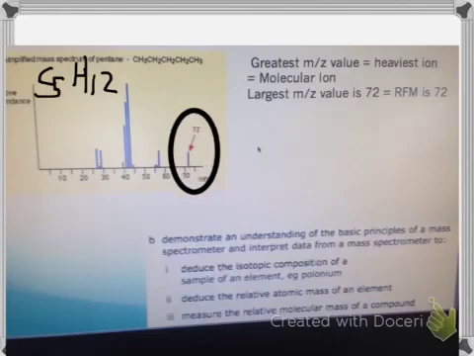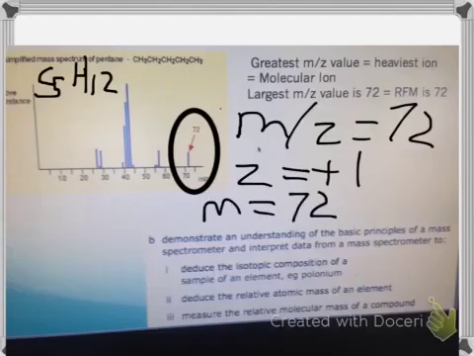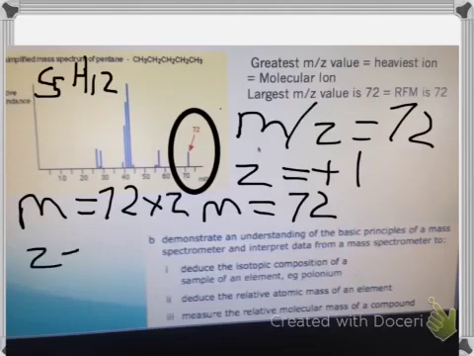That one has a mass to charge ratio of 72. I know that my charge is equal to 1 plus. So therefore my mass must be equal to 72, just by rearranging that equation. So mass is equal to 72 times Z, and Z is equal to 1, so mass is equal to 72 times 1.